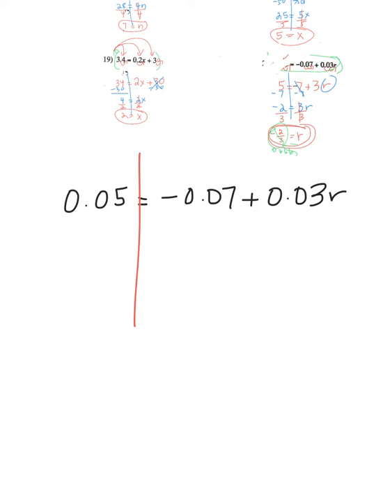Okay, here we go. So it's 0.05 equals negative 0.07 plus 0.03r. Sorry about that, you guys. I'm so sorry. All right, equal sign. Okay, I times these all by 100.